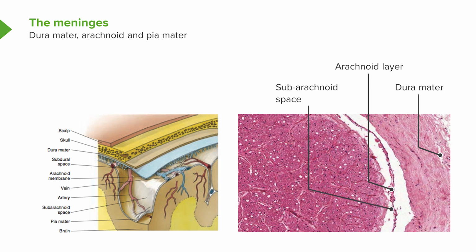Underneath the arachnoid layer is the subarachnoid space. And then on the diagram you can see that that's a fairly large space indeed. It's full of cerebrospinal fluid that circulates around the brain and keeps the brain protected and buoyant, and also flows around the spinal cord.